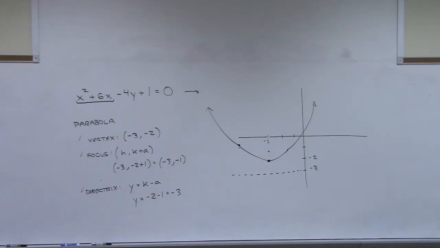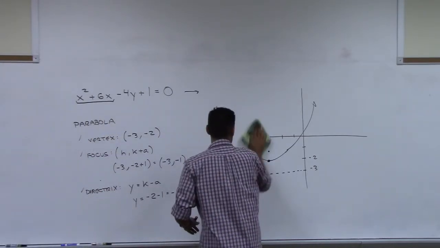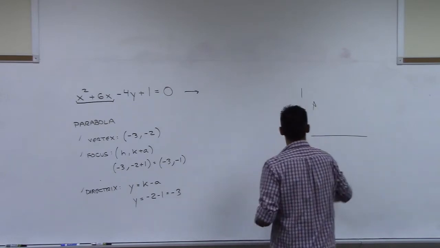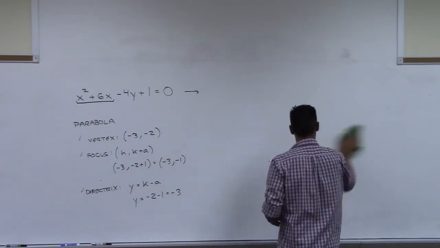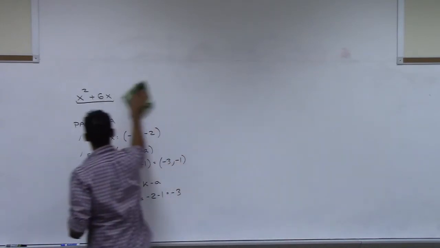So to give you an idea of where you might see this later on, for those of you who might be curious as to why you would want to be able to graph a parabola or an ellipse quickly, it's something like this.